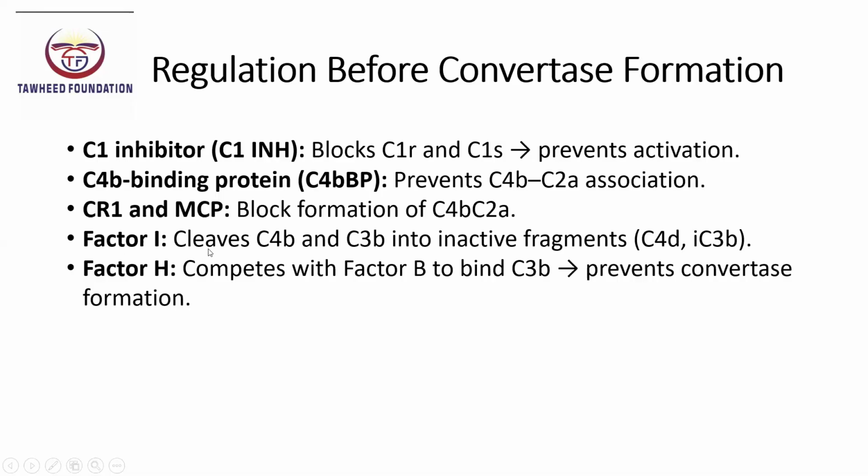Factor I, a serine protease, inactivates C3b and C4b by cleaving them into iC3b and C4d, ensuring they cannot form convertases. Factor H competes with factor B for binding to C3b, preventing C3 convertase formation in the alternative pathway. Together, these mechanisms protect host cells from complement-mediated injury while maintaining effective immunity against pathogens.